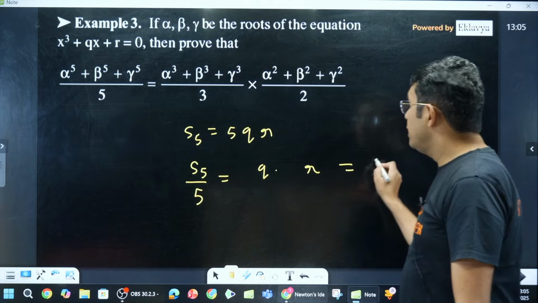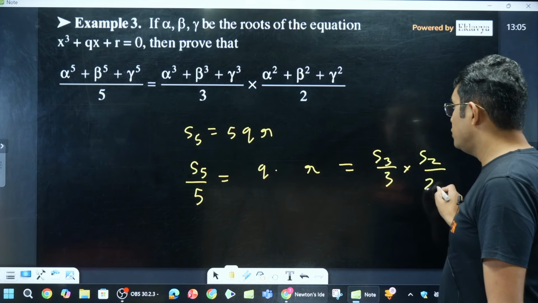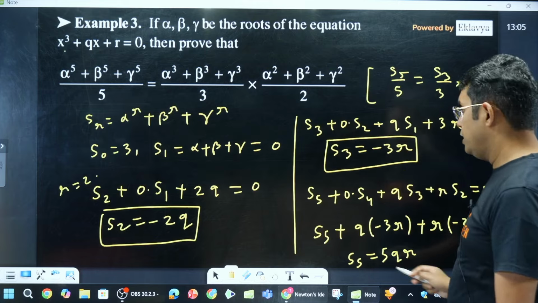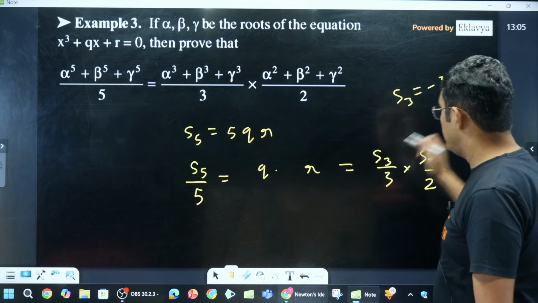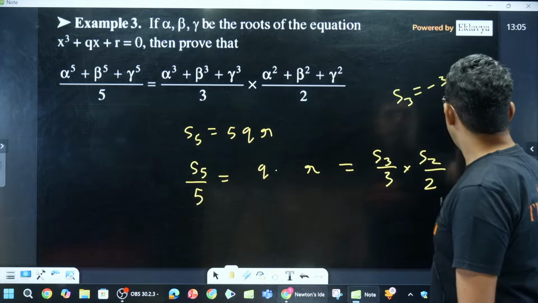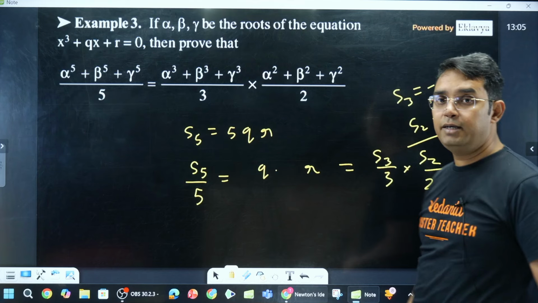I think we are done. We can also write this as S3 upon 3 into S2 upon 2. S3 was minus 3 into R, and S2 was minus 2 into Q. So you can see how fast it has been found.